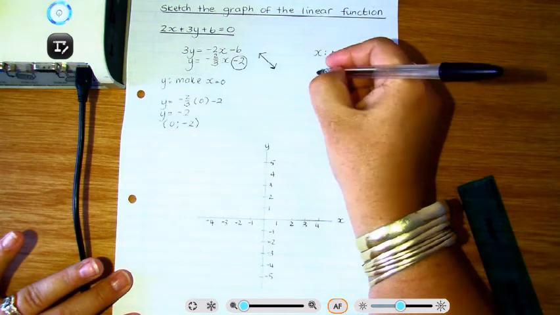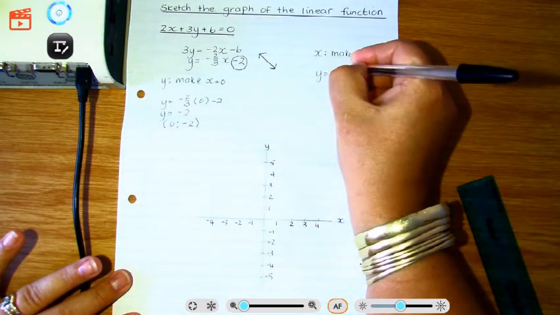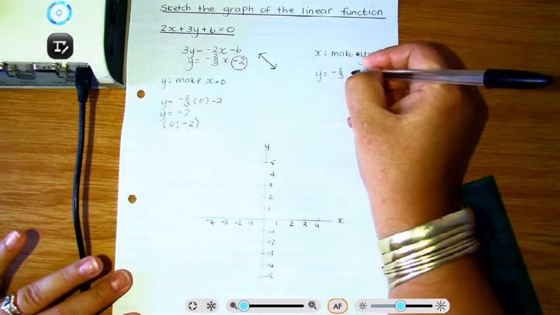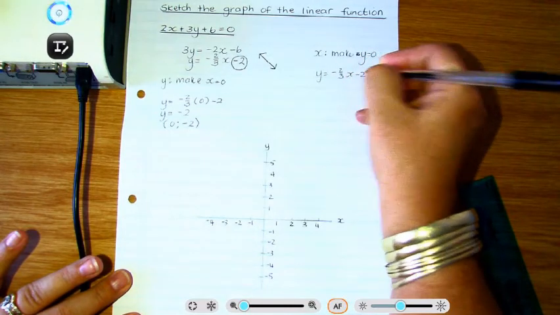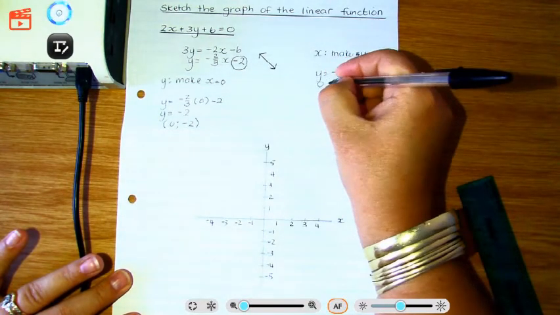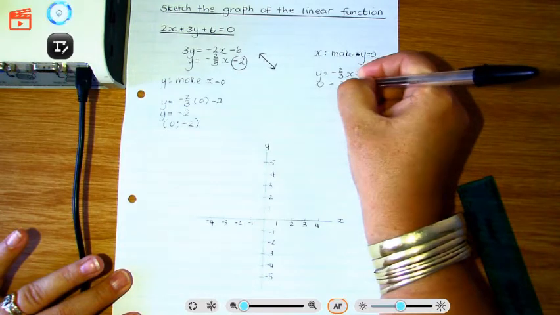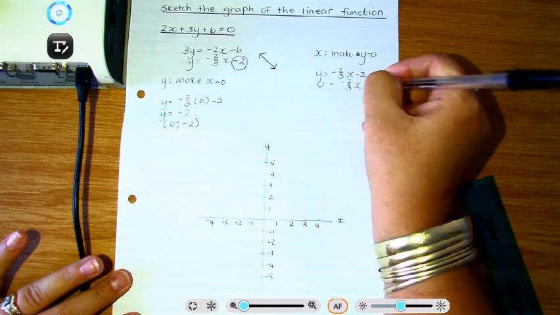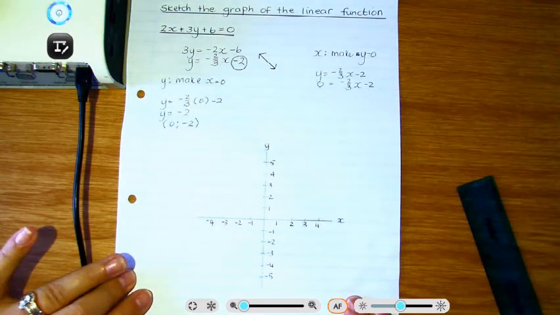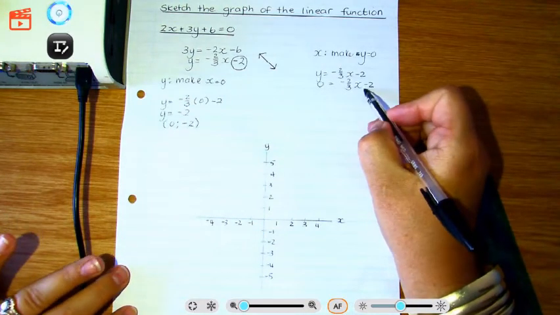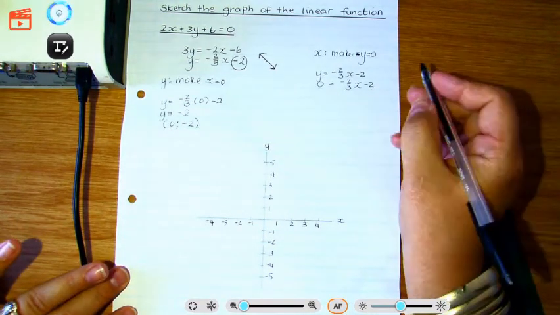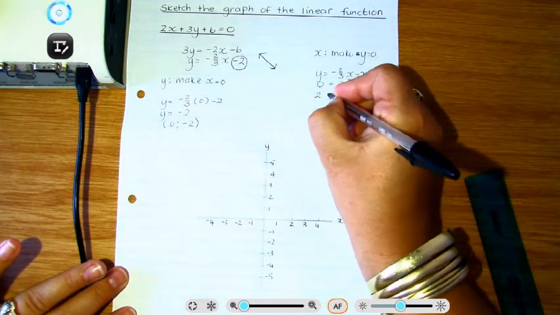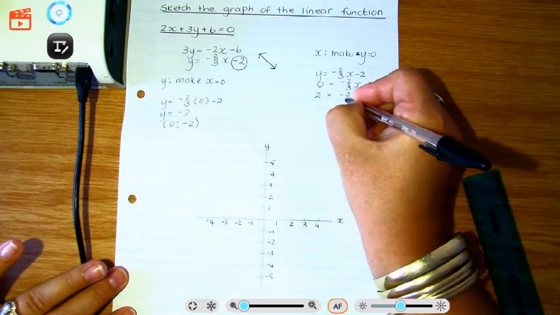So I'm going to say y is equal to negative 2 over 3 x minus 2. Instead of y, I'm going to put a 0 is equal to negative 2 over 3 x minus 2. I want x all on its own now, so that negative 2, to get rid of it, I need to add 2 to both sides. So that becomes 2 is equal to negative 2 over 3 x.